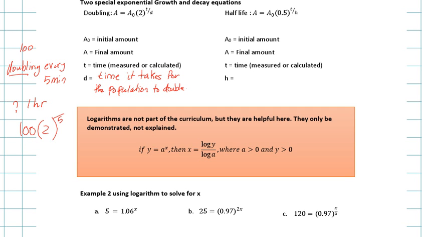This is 5 minutes, so I have to put 60 for T because it's minutes. They have to have the same units. This is the type of question that you're going to see. Very important: a lot of people mix up the D and the T. D is your doubling time. How long does it take for that bacteria to double?